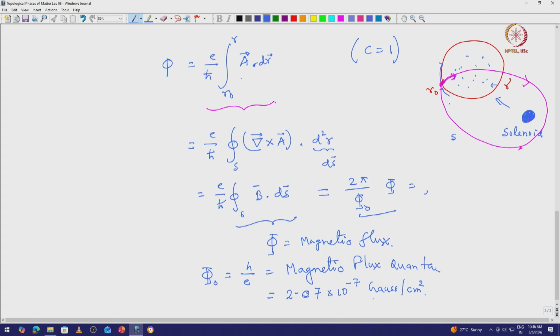And in this case, the magnetic flux, the first loop, the red color loop, the magnetic flux is 0, although it sees the vector potential, but in the second case the magnetic flux is not 0, but it counts how many magnetic fluxes it passes through. And since this phi has to be 2 pi n, because the electron has to come back to itself and has to have only a phase which is 2 pi times n.